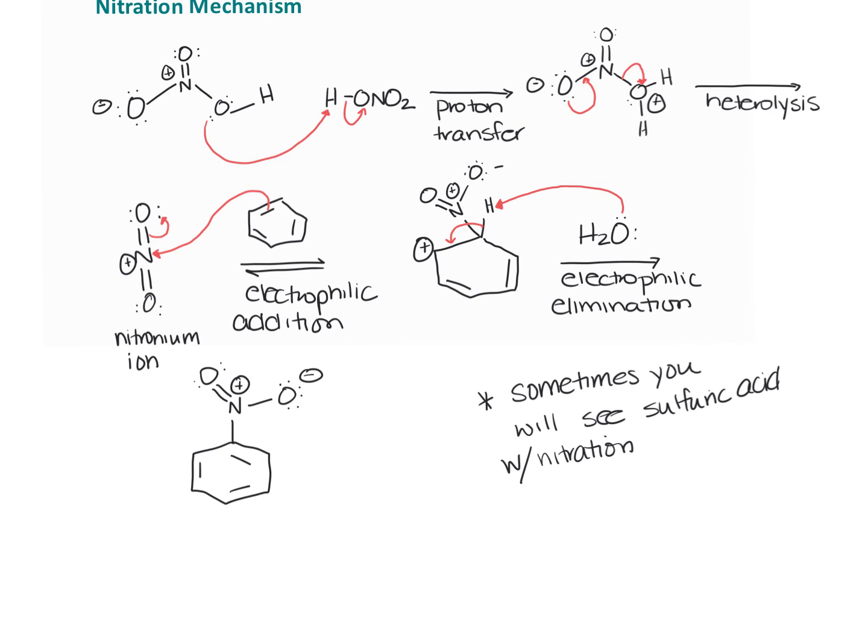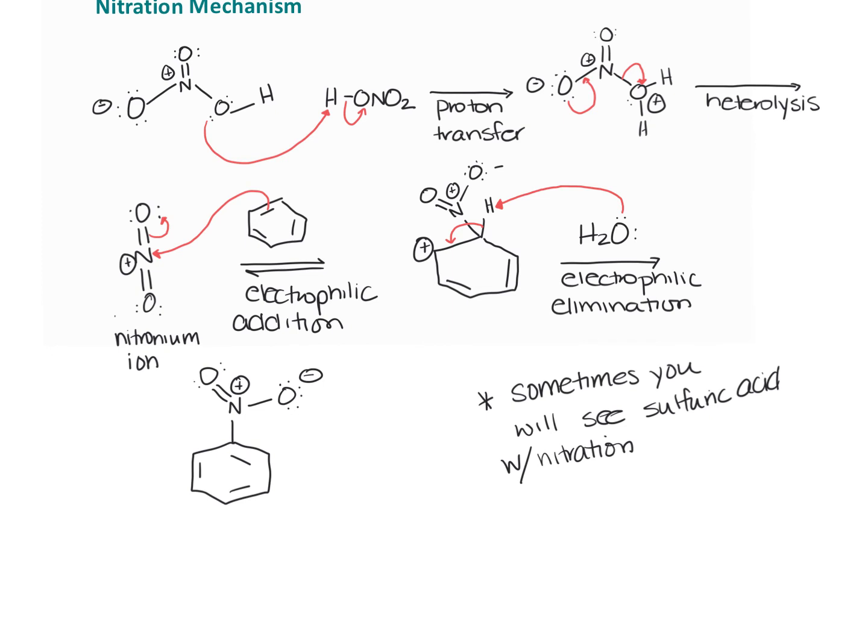So what happens here is if you just use nitric acid alone, this tends to proceed really slowly. The rate is slow because the amount of NO2 plus that can be made here is just really small. It's about 4%.